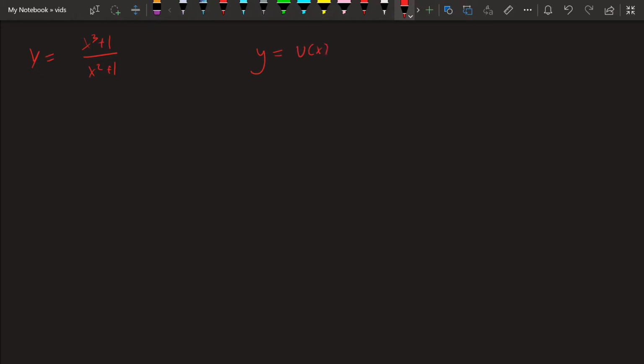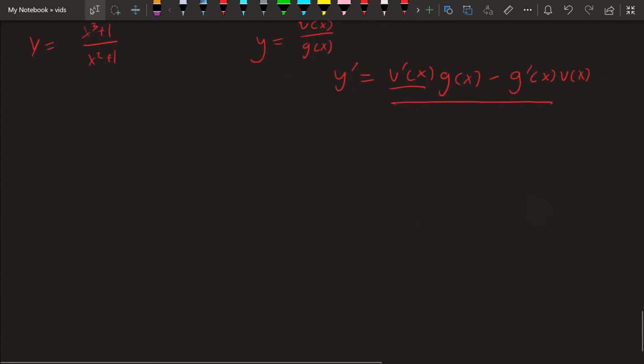If y is equal to v of x over g of x, then y prime is equal to, guys, bear with me, the derivative of the first function multiplied by the second function minus the derivative of the second function multiplied by the first function, over the denominator squared.